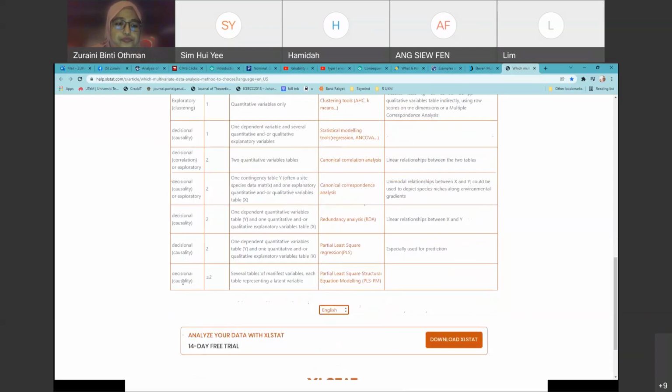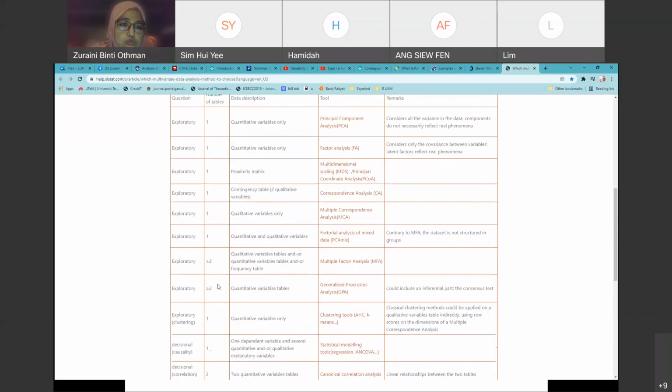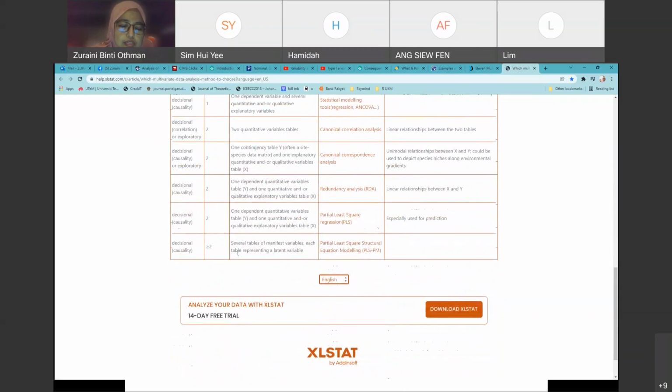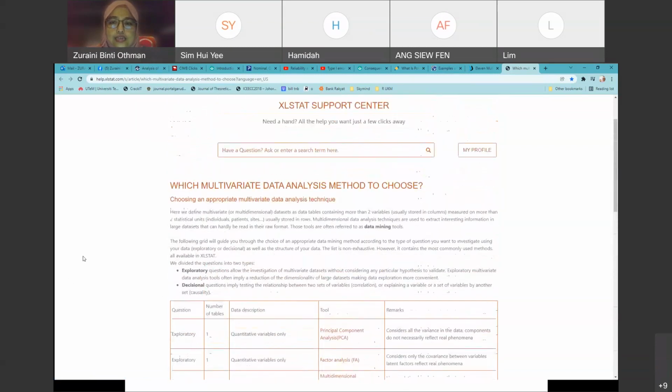Okay, and so on. If you make a decisional study for causality, then it involves more than or equal to 2 tables, then this is the data distribution, and the possible analysis is partial least squares structural equation modeling.